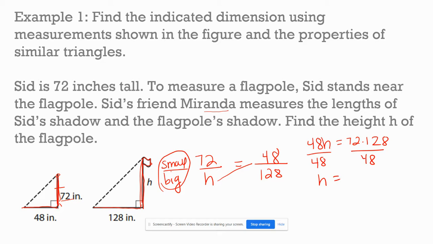Go ahead and do that now. So I'm going to get 192. I'm going to reread the question, and it says find h, the height h of the flagpole. Since my question gave me the units in inches, I'm going to write my answer in inches as well. So the main idea is that however you decide to set up your proportion, you're staying consistent. Let's go ahead and try another one.